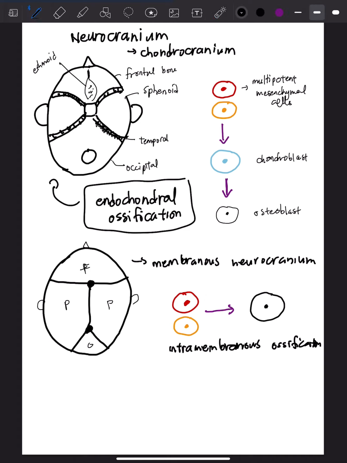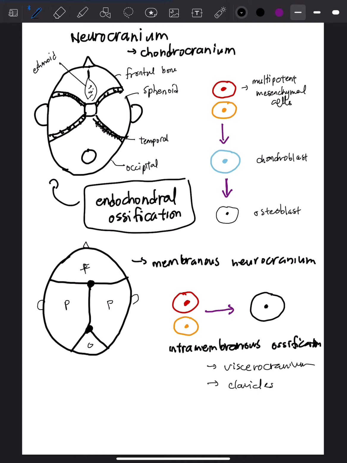So what are the bones that go through this intramembranous ossification? Remember, there's not many bones, so we can actually name them. Apart from the membranous neurocranium, you have the visceral cranium, so the bones of the face will also go through intramembranous ossification, which is again quite rare. So membranous neurocranium, visceral cranium, and one more bone, the clavicles.